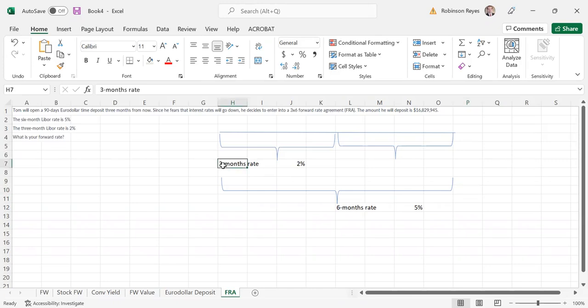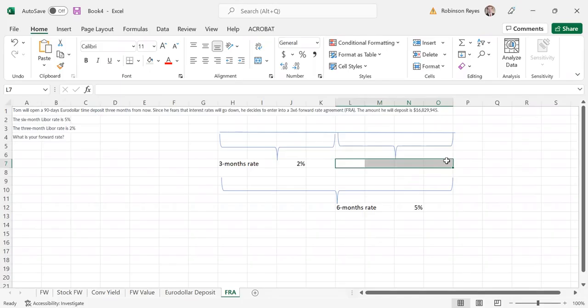We know that the 3 month, a 90-day euro-dollar deposit is offering a 2% rate, but we have no guarantees that by the time we are past these first 3 months, the rates will remain the same.